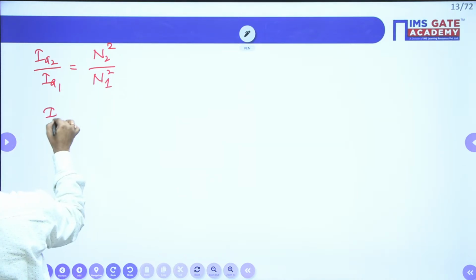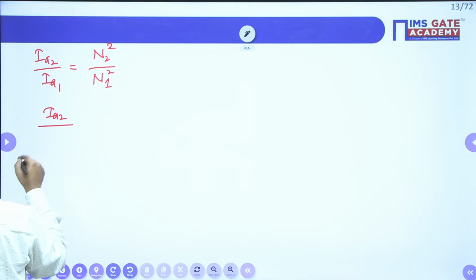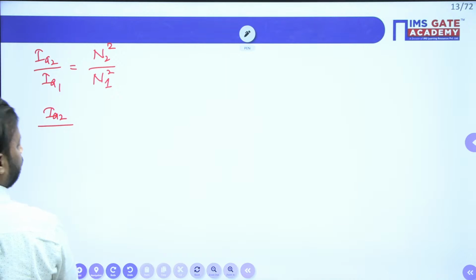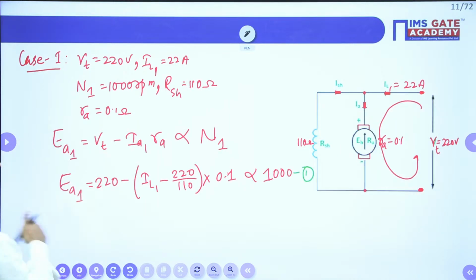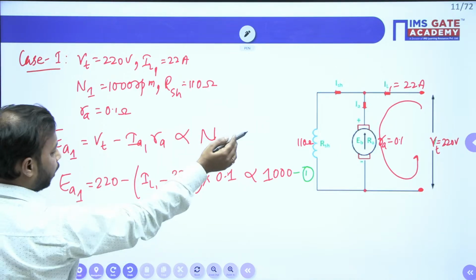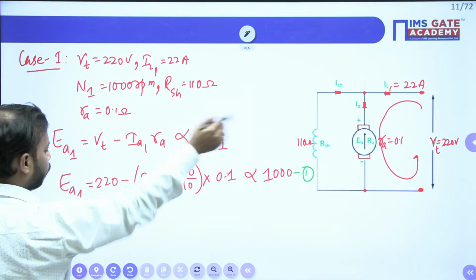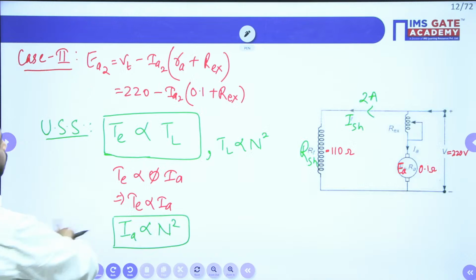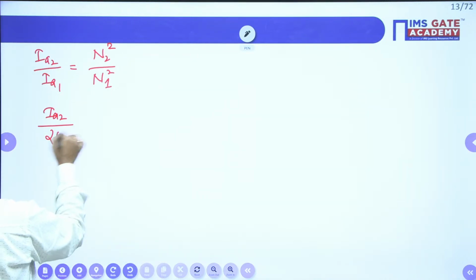So IA2 is unknown. IA1 is what? Do we have the value of IA1? Let me see. Here IL1 is 22, so 22 minus 2, that is 20.